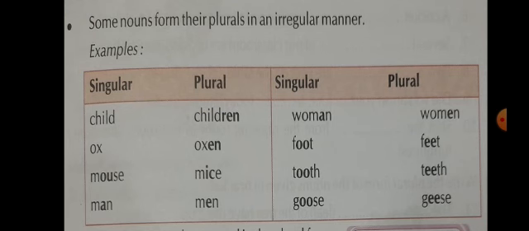Mouse, mice. Man, men, woman, women, foot, feet, tooth, teeth, goose, geese. You will have to memorize them. There is no rule applied for these nouns, so you must remember them.